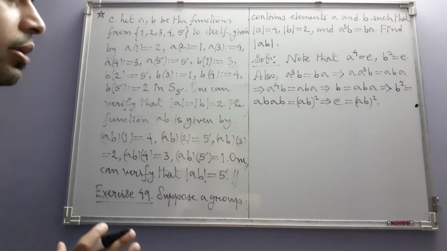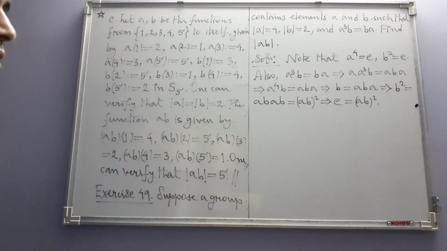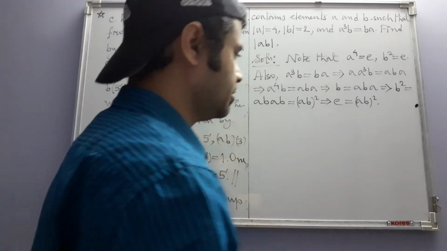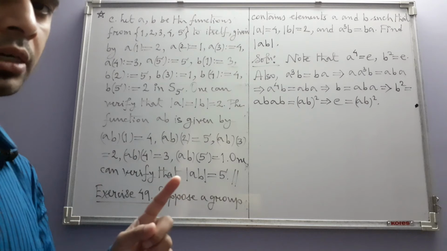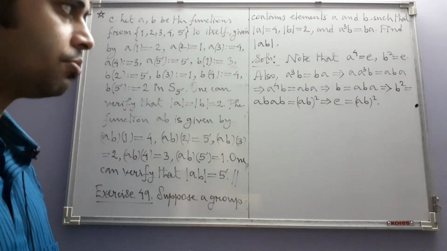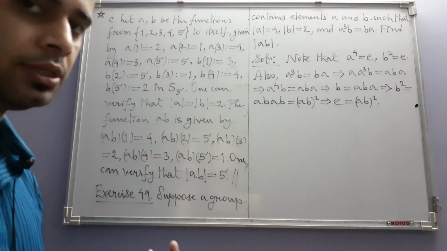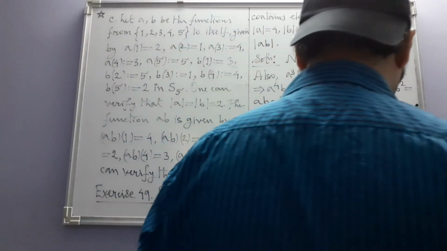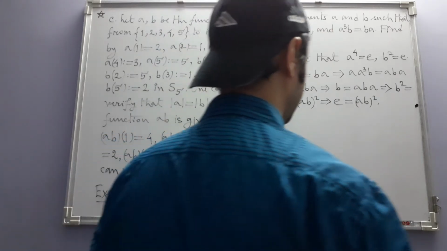Okay, so we have got an equation where a positive integral power of AB becomes equal to the identity. So this equation tells us that the order of AB is either 1 or 2. It is 1 if AB itself equals the identity, otherwise it's going to be 2. So now we are going to argue that it cannot be equal to the identity.